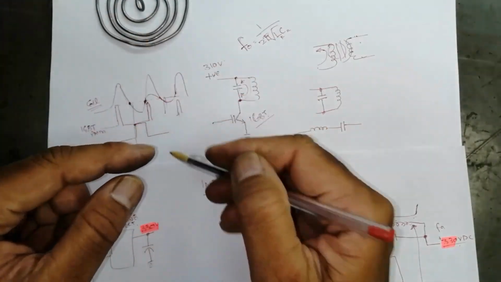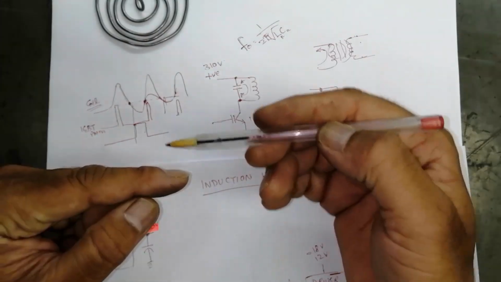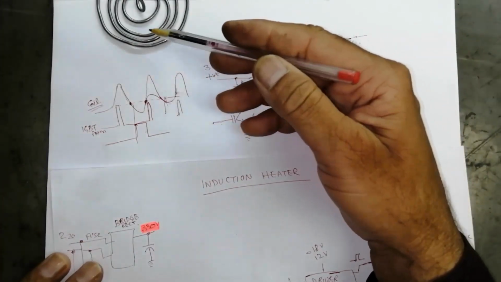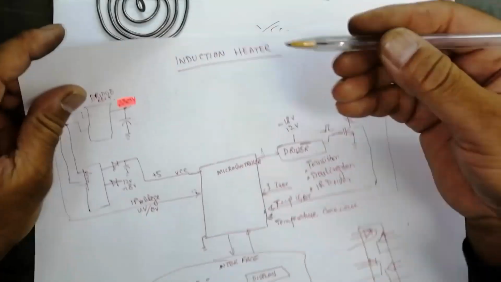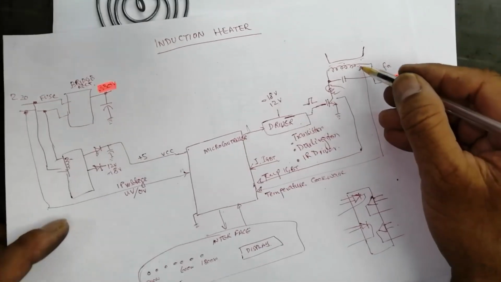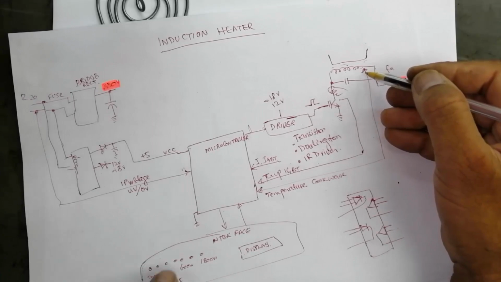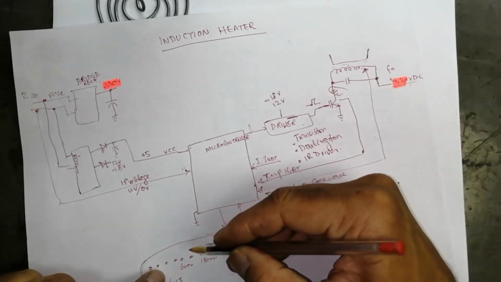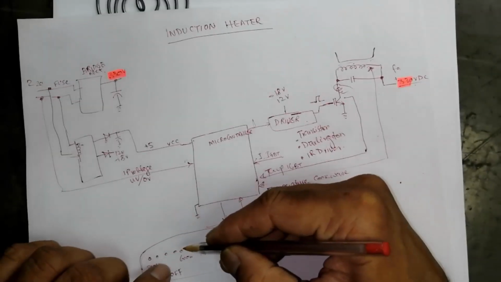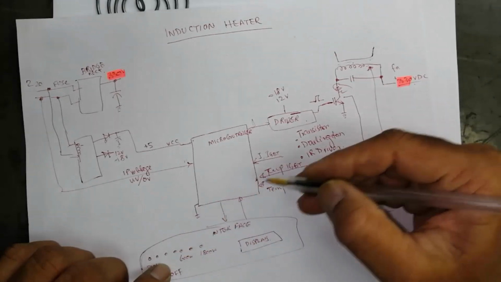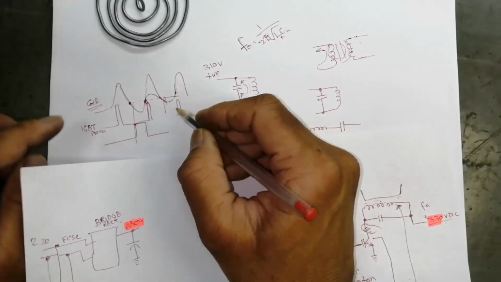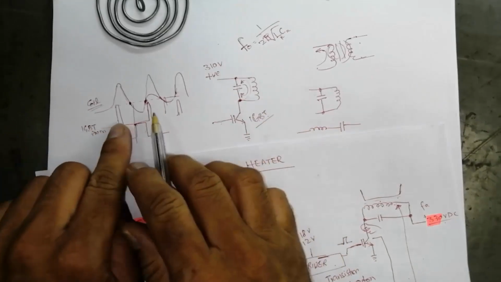So the coil will take the magnetic field, and it will induce voltage in the cookware anytime. Suppose it is working at 600 degree, and he needs 400 degrees. When the operator needs 400 degree, what will happen? This will reduce the pulse width.